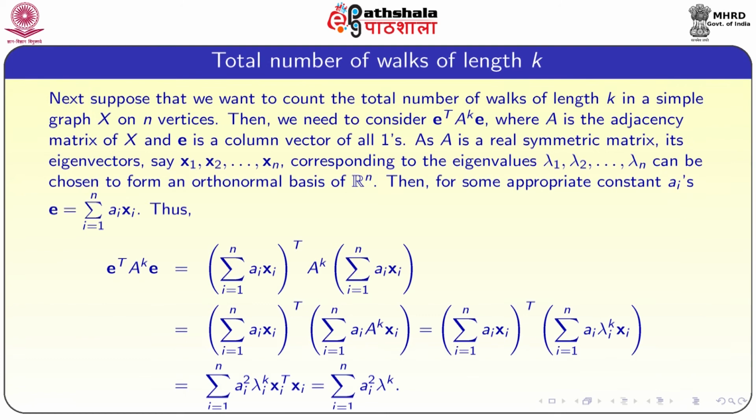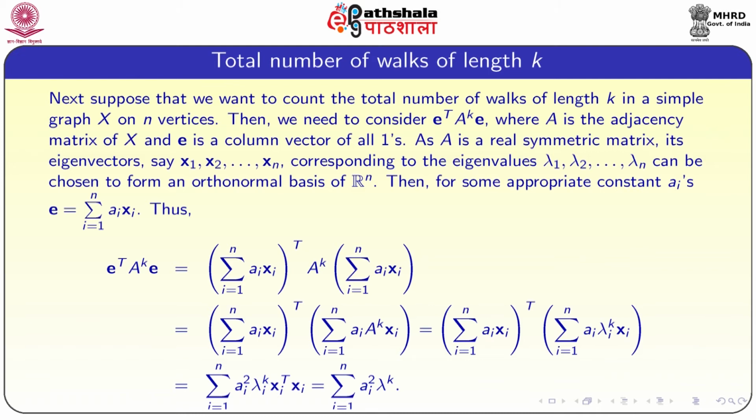Thus, one can check easily that e transpose A^k e is going to be the summation i = 1 to n of ai xi transpose times A^k times the summation i = 1 to n of ai xi.